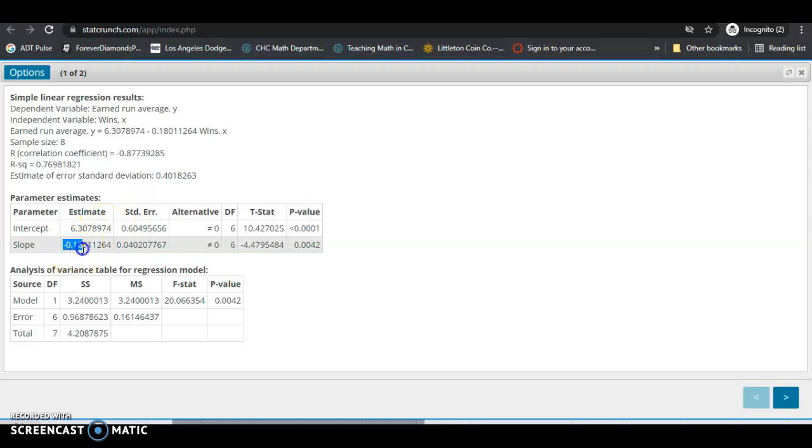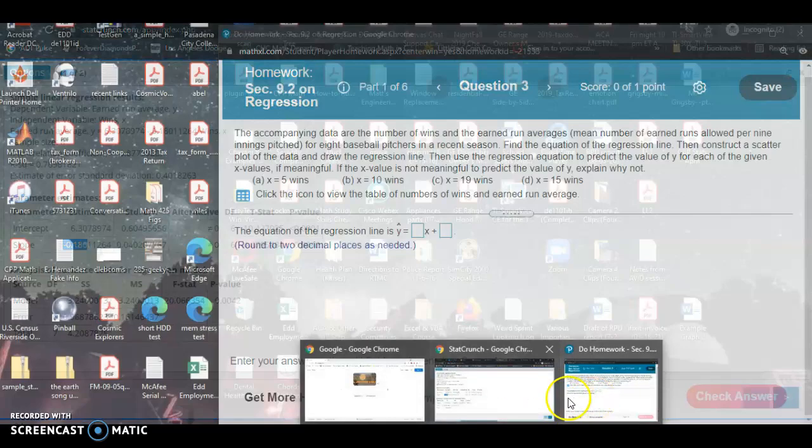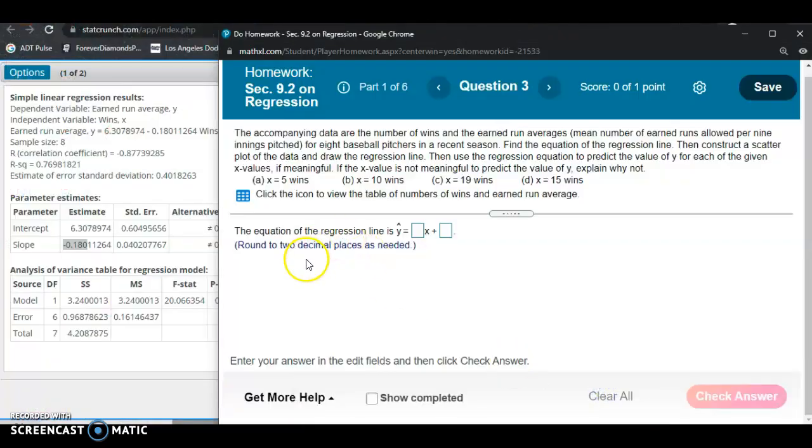So this number here is the slope, negative 0.180. It says round to 2 decimal places as needed, so to 2 decimal places, the slope is negative 0.18.